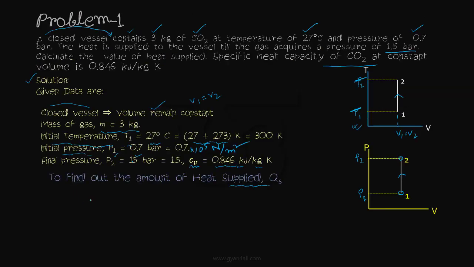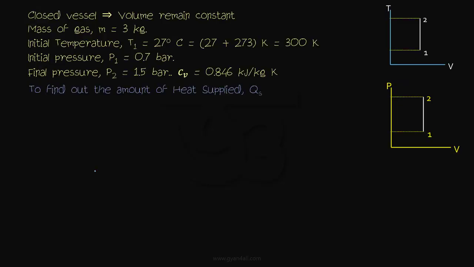So the amount of heat supplied, the formula is m Cv (T2 minus T1). So m is given, Cv is given, initial temperature T1 is also given in the problem, but T2 temperature is not given.